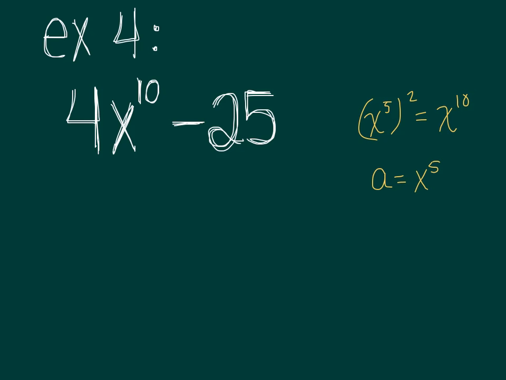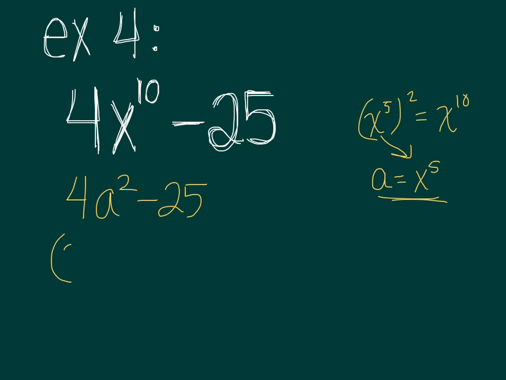If you're wondering how I keep coming up with these a's so quickly, if I'm trying to make it have the structure of a quadratic, I'm going to divide this exponent by 2. And the reason I'll do that is that's taking the square root. So I want to take the square root. So let's have 4a squared minus 25.